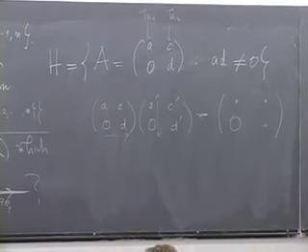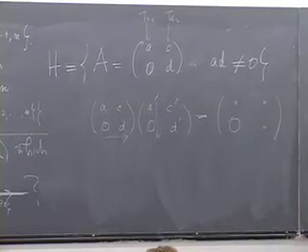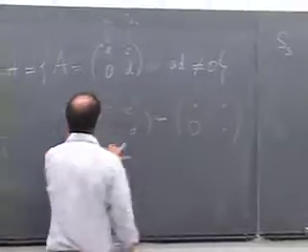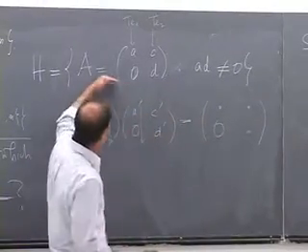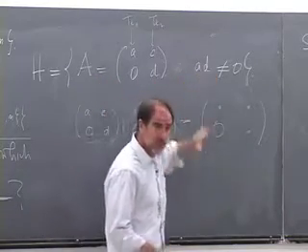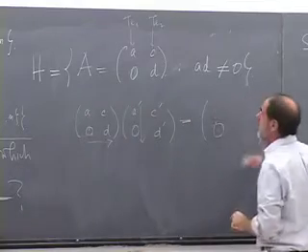Yes? Wouldn't you have to check that in a new one the corners aren't 0 either? Very good point, but we know that because the product of two matrices with non-zero determinant have non-zero determinant. That's already the fact that it's a subset of GL2. This condition will be, but you're absolutely right. In fact, why don't we check and see what the corners are just to verify that for ourselves.